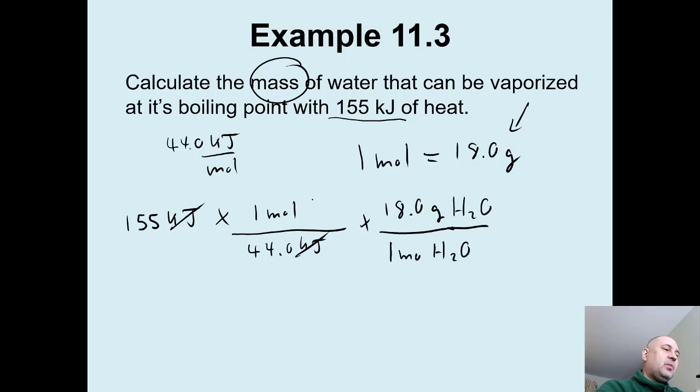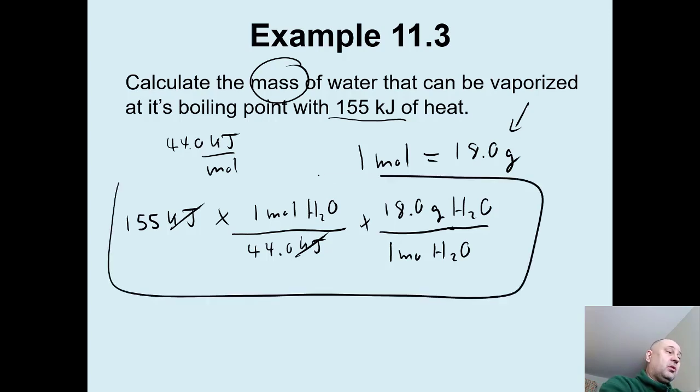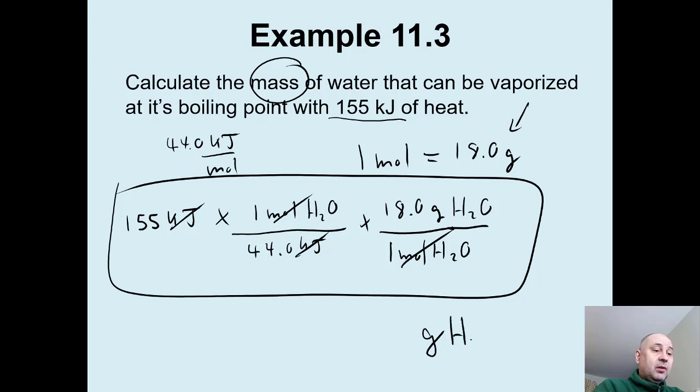And so of course, to be correct, and this is what I'm looking for, if I ask you to do this on an exam, I am looking for you to set it up like that for full credit, okay? You've got to show how all your units cancel. So your moles cancel and your units are going to be in grams of water, which is what mass is, so that is the answer.